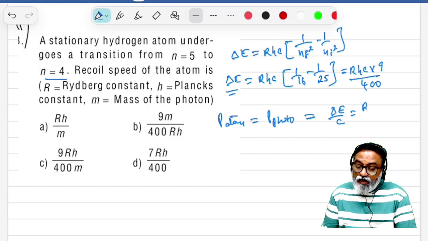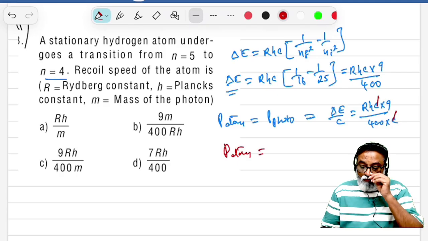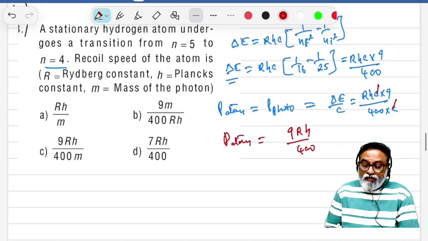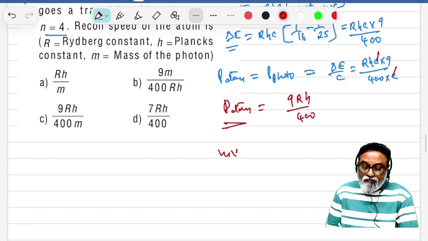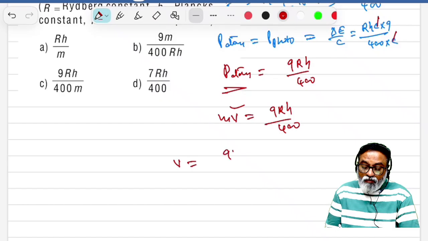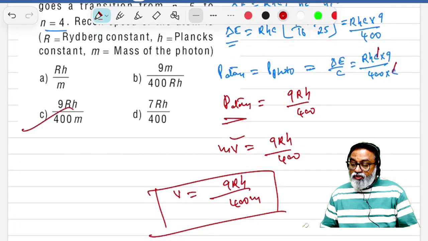Delta E means RHC into 9 by 400, divided by C. Therefore, this C cancels. The momentum of the atom is equal to 9Rh by 400. Here, momentum means mass into velocity, which is equal to 9Rh by 400. Here v is the recoil velocity of the atom. v is equal to 9Rh by 400m. This is the recoil velocity, 9Rh by 400m. Option C is correct.